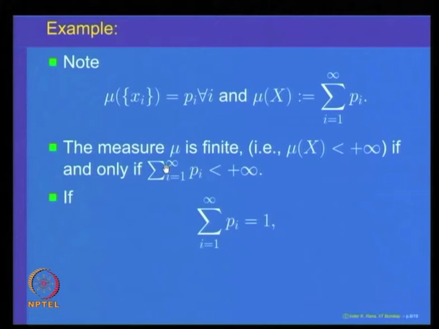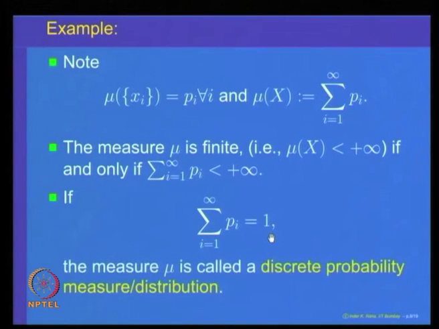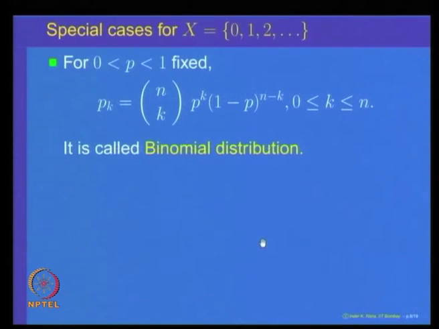If this series p i is convergent and its sum is equal to 1, then this measure mu is called a discrete probability distribution on the set X, which is x 1, x 2, x n.